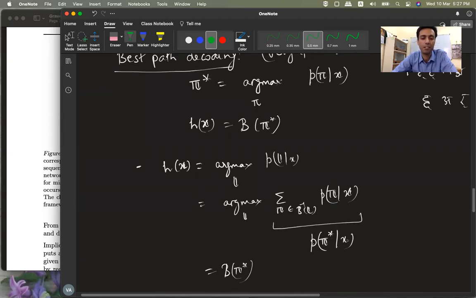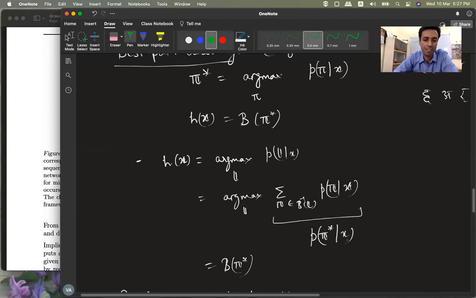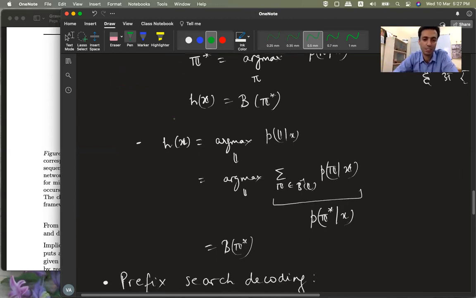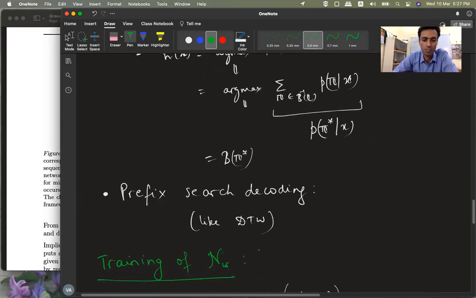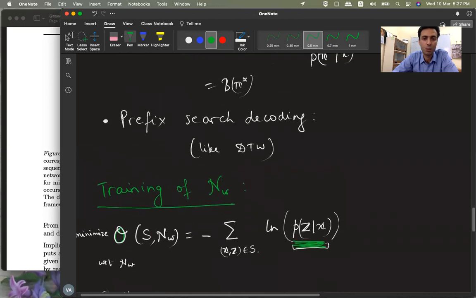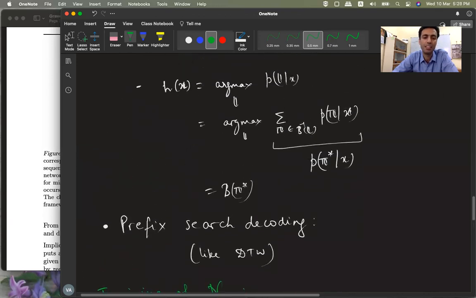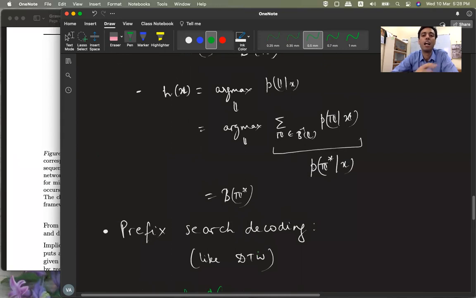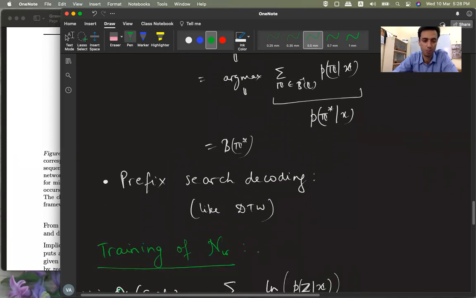You maximize over each frame, and that you call pi star, and you just estimate your h from the pi star by applying that dedupe and removal of blanks. Prefix search decoding does not use this independence assumption. It actually maximizes over the entire path. So something like DTW, yeah, DTW you can say.